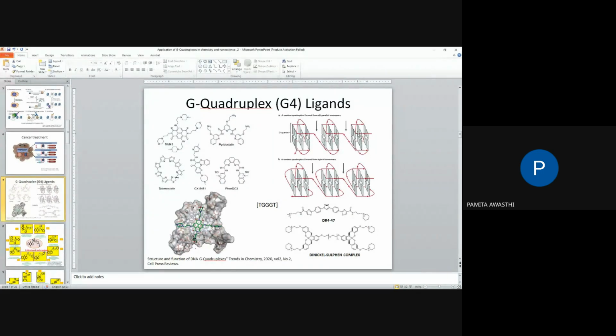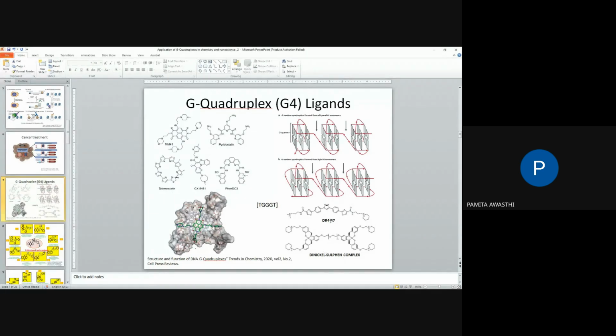So the binding of DR47 shows, in this particular case, what I'm trying to show is their preferential binding, whether they bind to a monomeric, a dimeric, or a tetrameric kind of quadruplex, or they bind to the hybrid kind of structure where you have a mix of parallel as well as the antiparallel quadruplex structure.